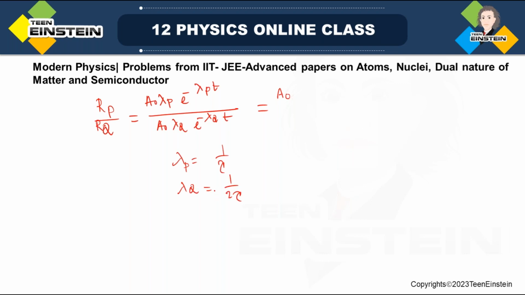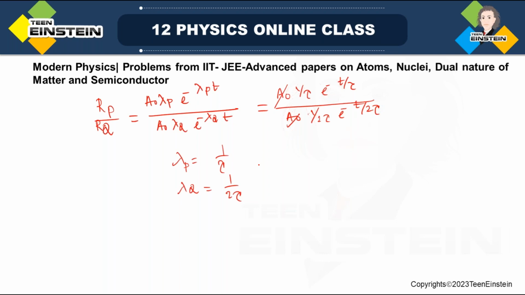So lambda p will be 1 over tau e to the power minus t by tau, and here A0 into 1 over 2 tau e to the power minus t by 2 tau.